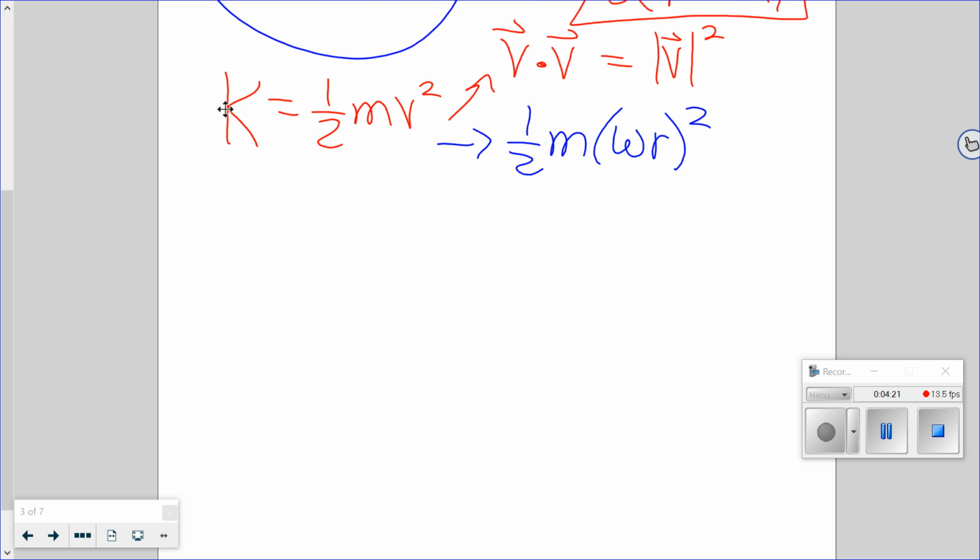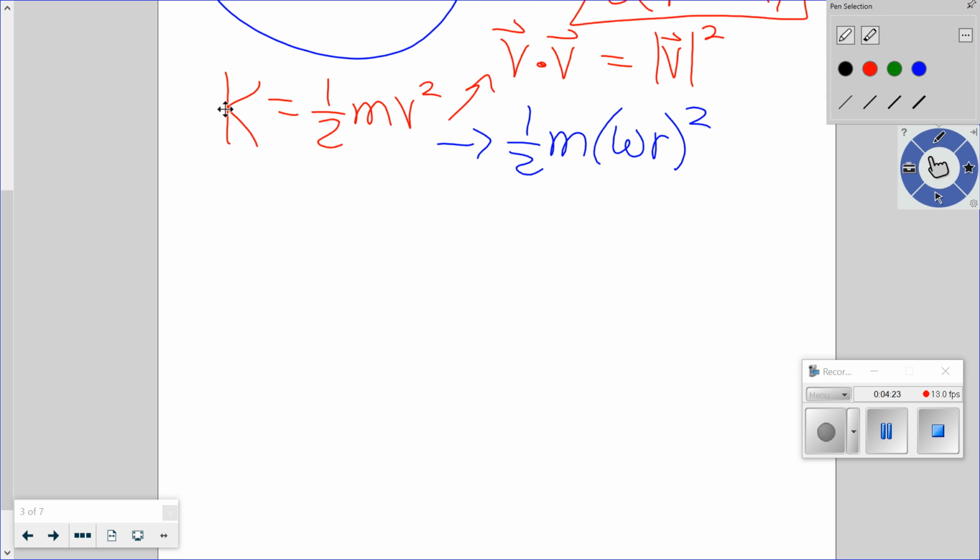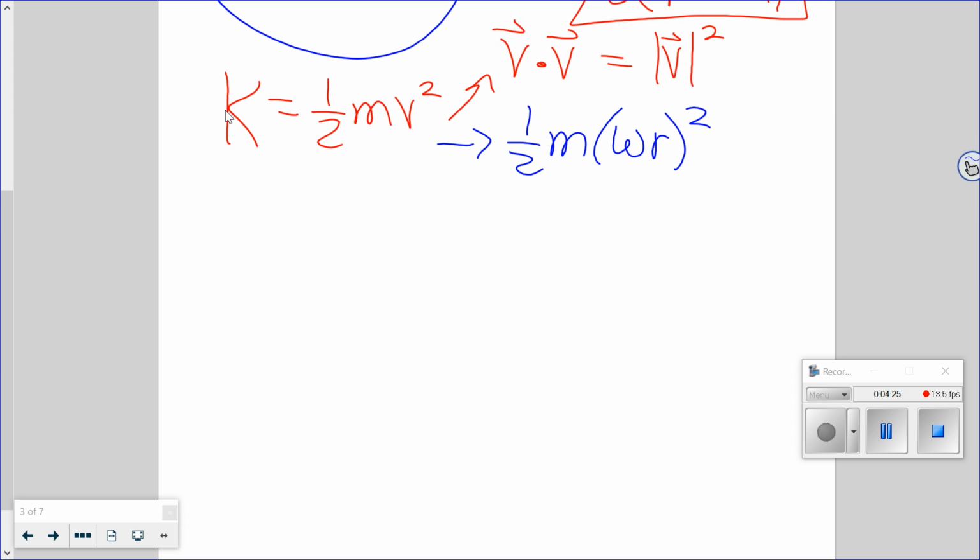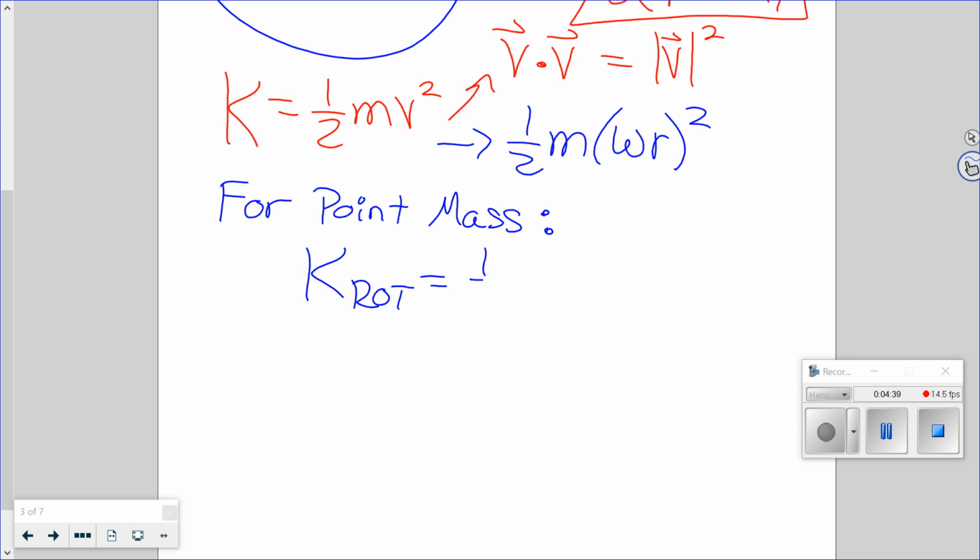And for the point mass m, then your rotational kinetic energy is 1/2 times, I'll write it suspiciously, m r squared times w squared, or 1/2 I w squared.